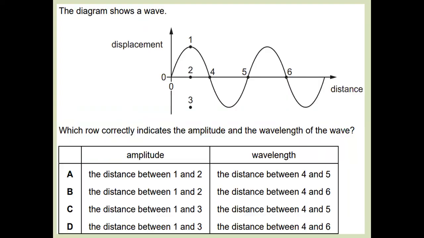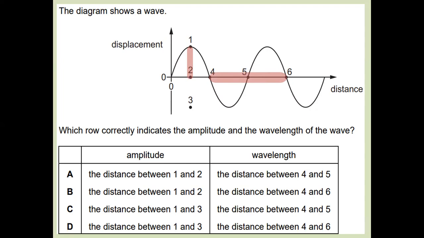Which row correctly indicates the amplitude and wavelength of the wave? Amplitude is the maximum distance away from the mean position. For example, the distance between 2 and 1 is the amplitude. The distance between 4 and 6, these are two corresponding points.